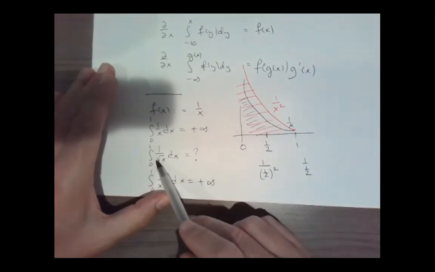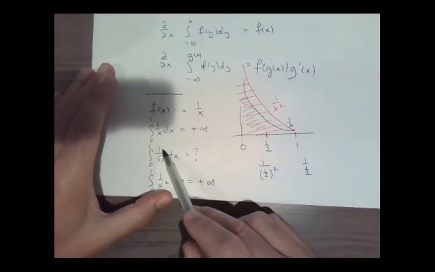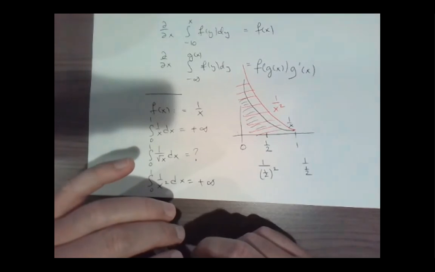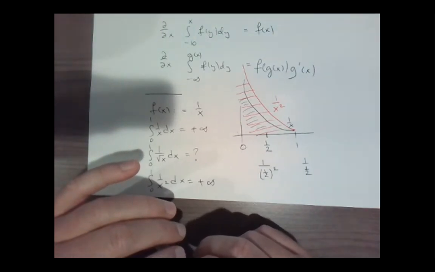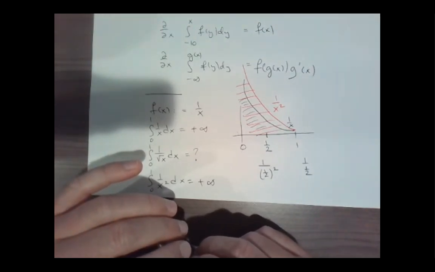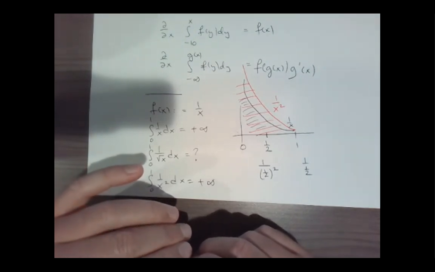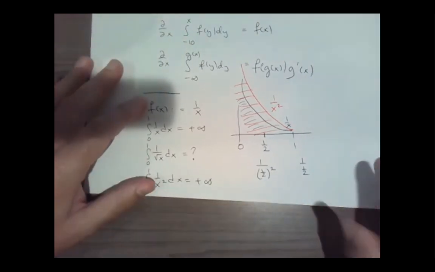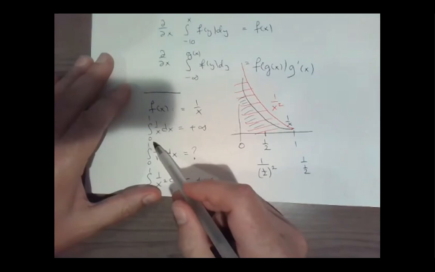Can you find a function that has this thing as its derivative? 2 square root of x. And then you have to evaluate at 0 and 1.